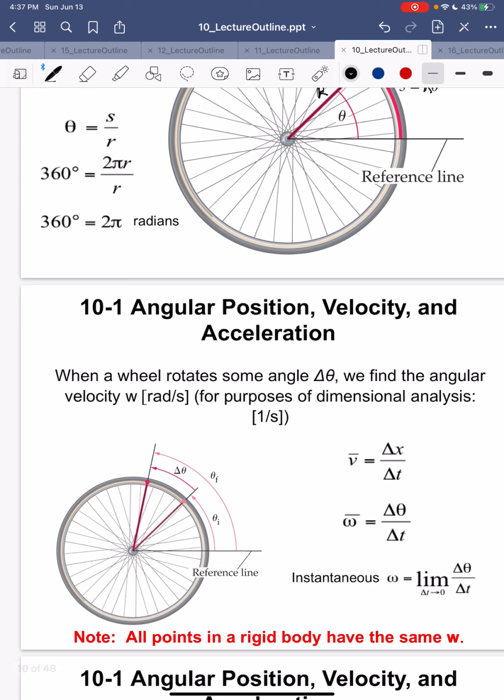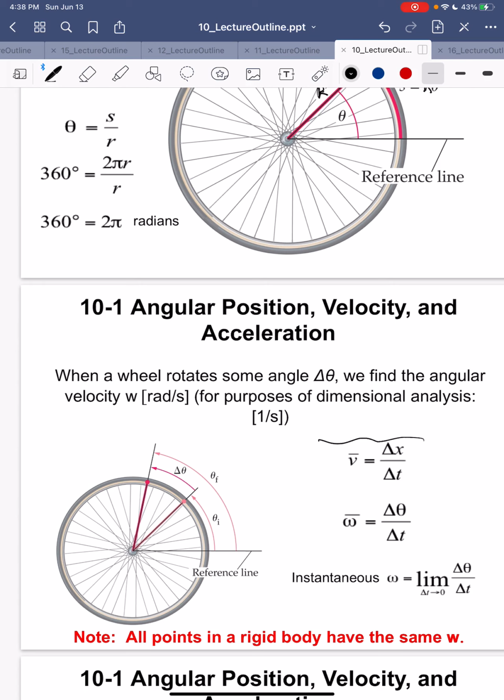When a wheel rotates some angle delta theta, we find the angular velocity in radians per second, for purposes of dimensional analysis, as 1 over s. Because remember, I told you we are not considering radians as a physical unit, okay?